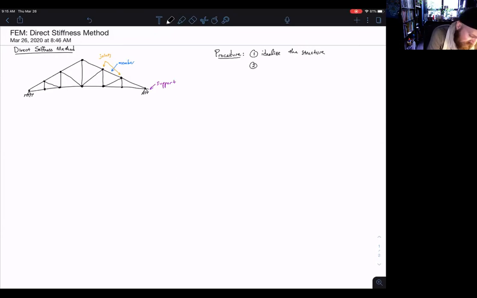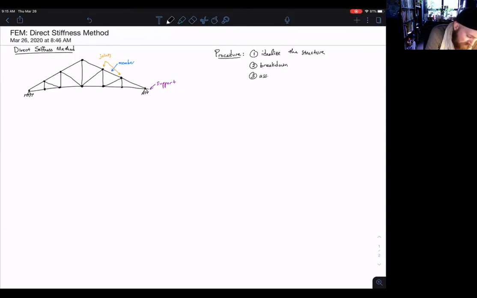And then the second step is what's referred to as breaking it down. And what that means is we're going to take this structure and split it apart into individual elements and solve for what's happening on each of these elements.